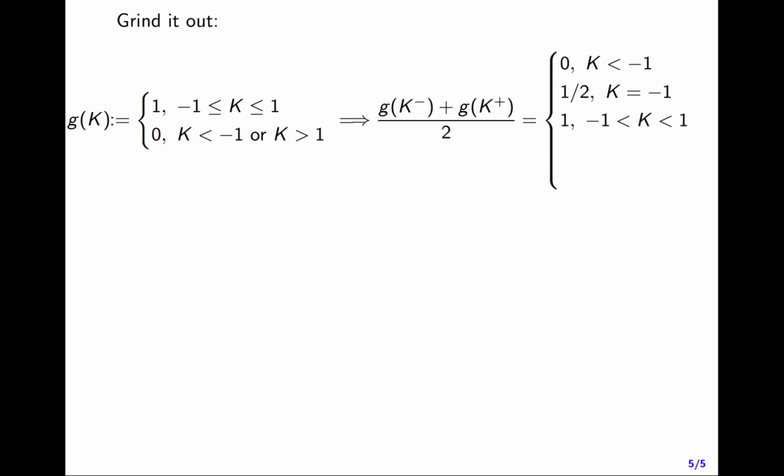And if k is strictly between minus 1 and 1, then the left and right limits are both 1. 1 plus 1 over 2 is 1. And if k equals 1, then the left limit is 1 and the right limit is 0. You get a 1/2. And if k is greater than 1, then the left and right hand limits are both 0, and I get a 0. So hit pause if you need to do the arithmetic, or maybe draw a graph of g and look at the left and right hand limits and grind that out.